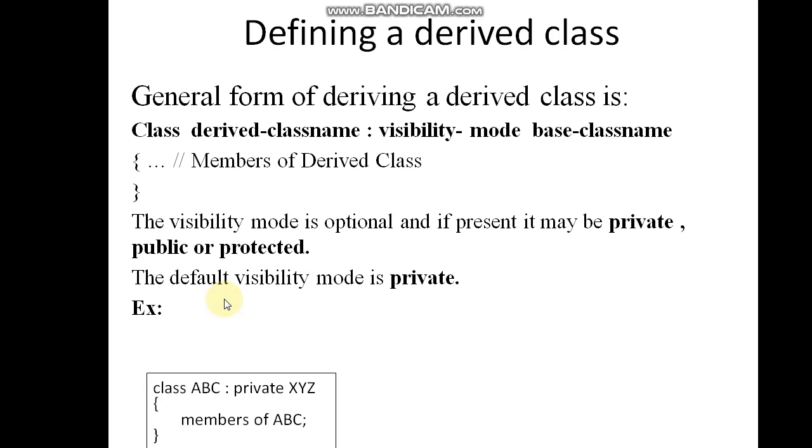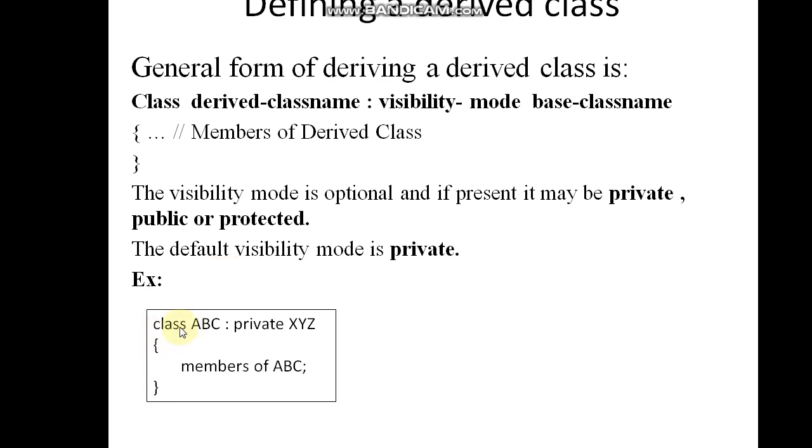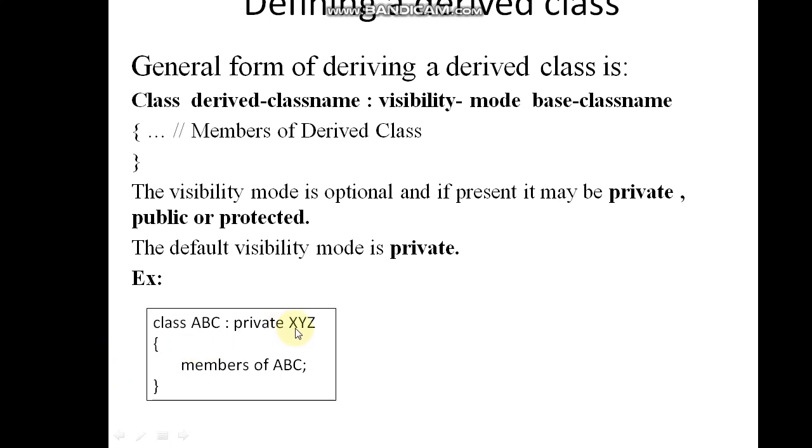For example, this is the example of defining a derived class. Class is a keyword, ABC is the derived class name, colon is an operator which is used for inheritance, XYZ is the base class. We are going to derive the properties of XYZ into ABC using private visibility mode.